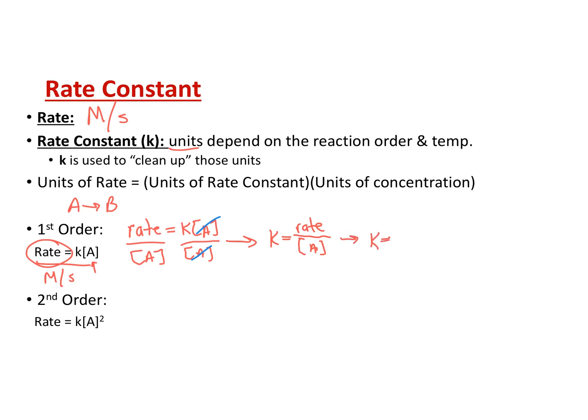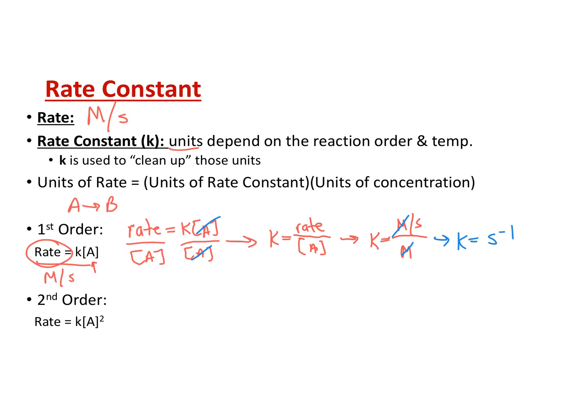So I know k equals the rate, which is molarity per second, divided by concentration of A, which is molarity. Molarity cancels out. The units of rate constant for a first order reaction should be inverse seconds, s to the negative 1.